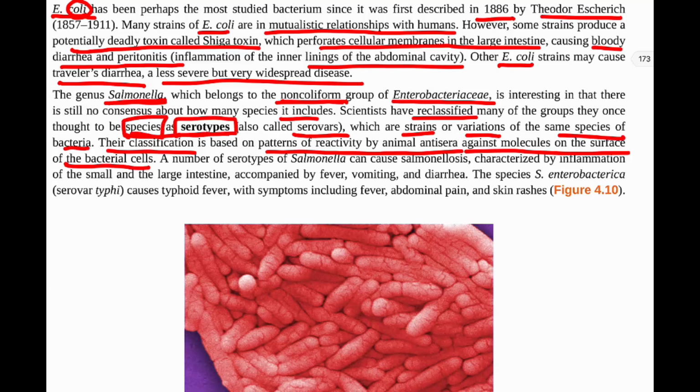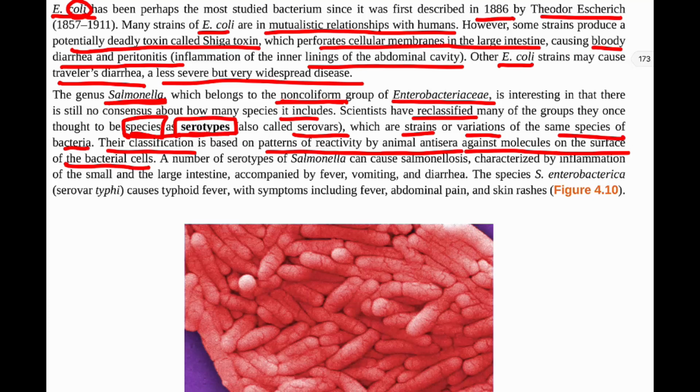So serotypes or serovars are different strains or variations of the same species, and they react to different types of animal antisera based on the molecules on the surface of their bacterial cells.